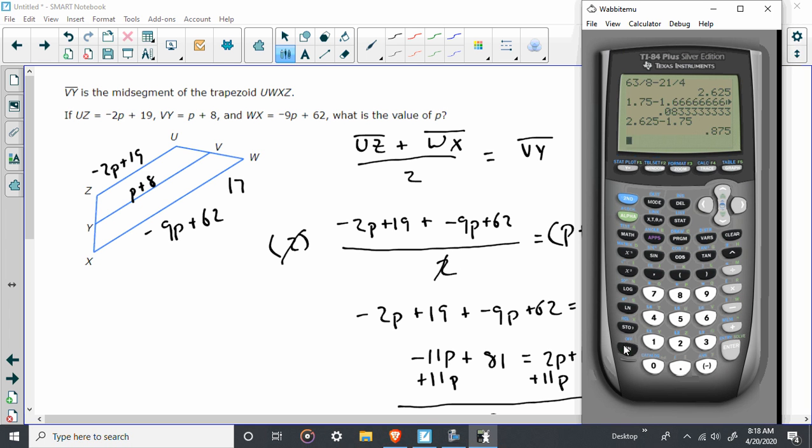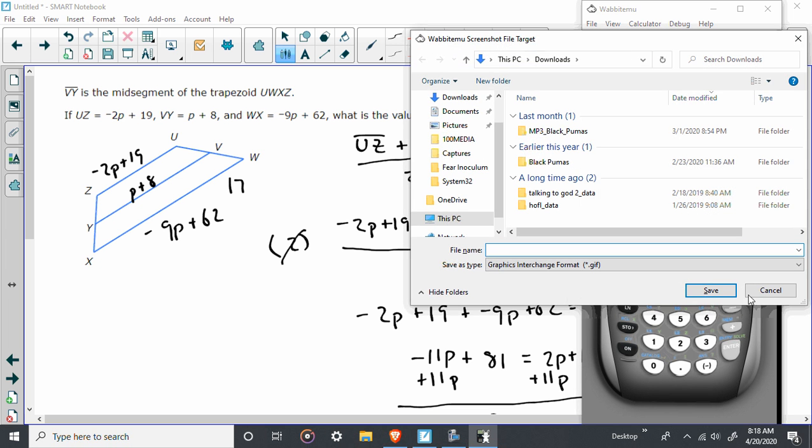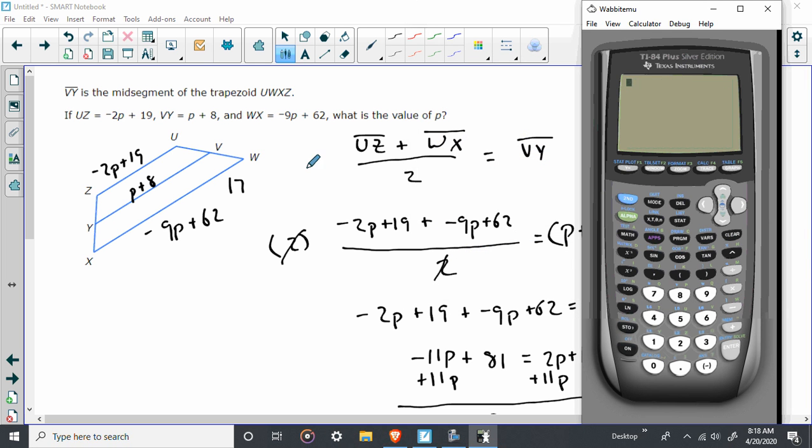Okay. Plug in the top. So what do we got? We've got negative 10 plus... oops. Yeah, let's plug it in. Let's take our time. Negative 2 times 5 is going to be negative 10 plus 19. Never mind. Negative 10 plus 19.